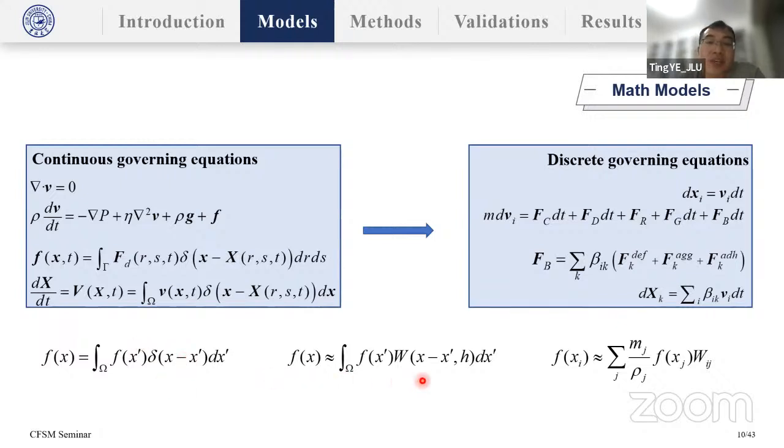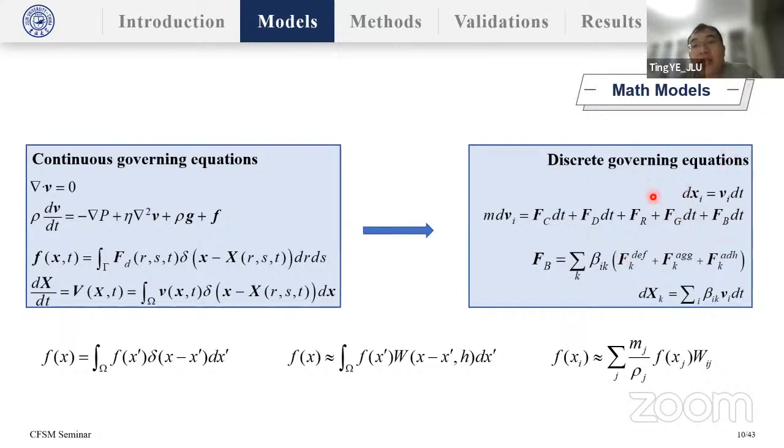The kernel approximation uses a kernel function W to replace this delta function. The particle approximation uses a summation to replace this integral. So it's quite simple. Any physical quantity can be expressed as such a summation, and substituting them into the continuous governing equation forms this discrete governing equation.